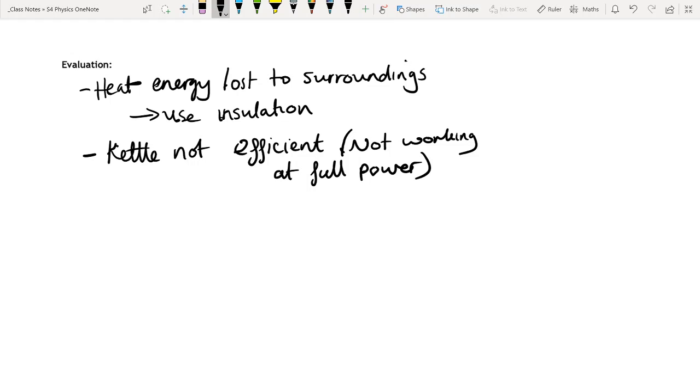You get a better kettle. Use better equipment. Yeah, I could have stopped the stop clock wrong. No, I think I was all right, but you never know. Timing could have been off.